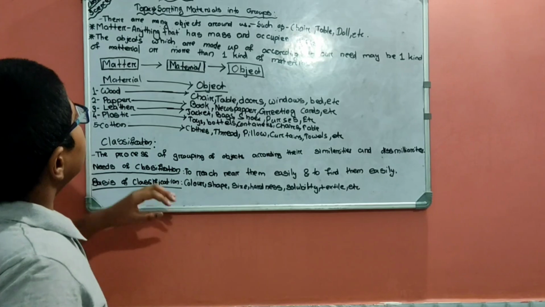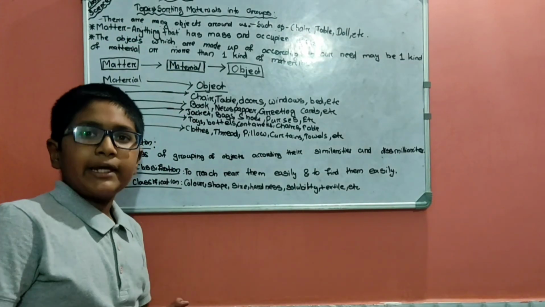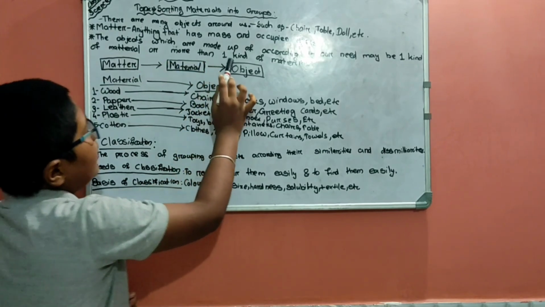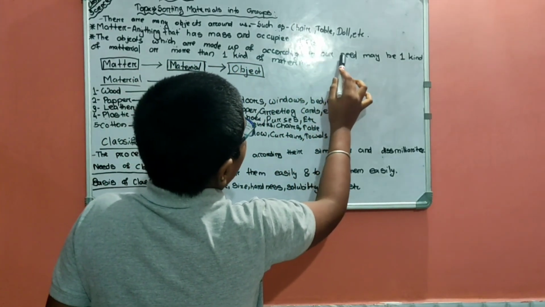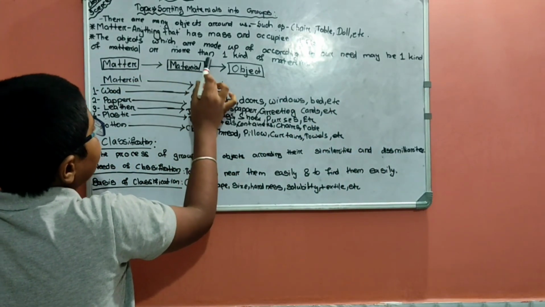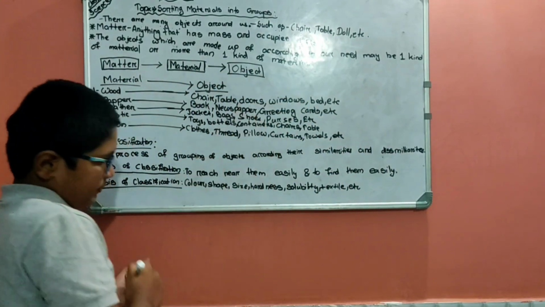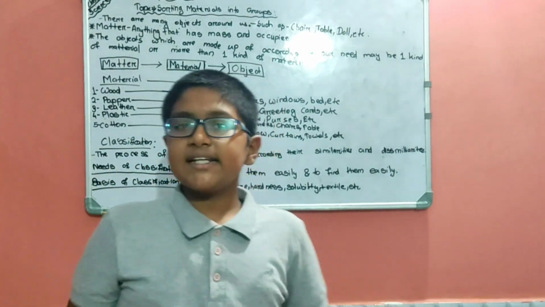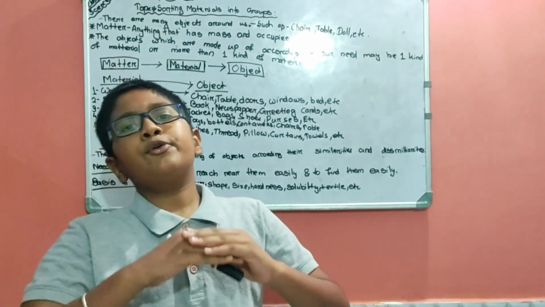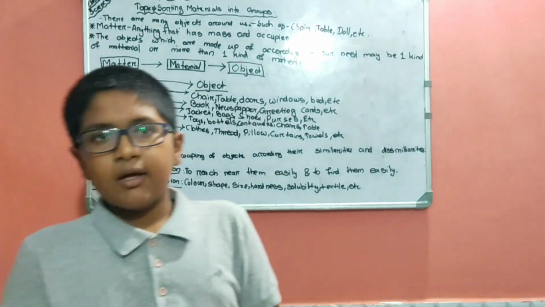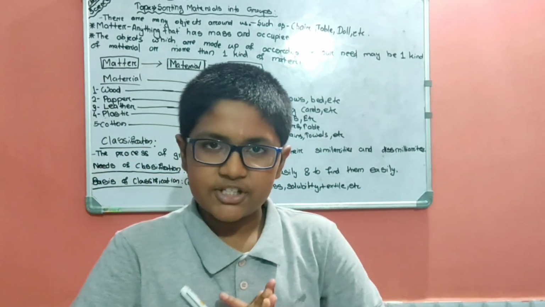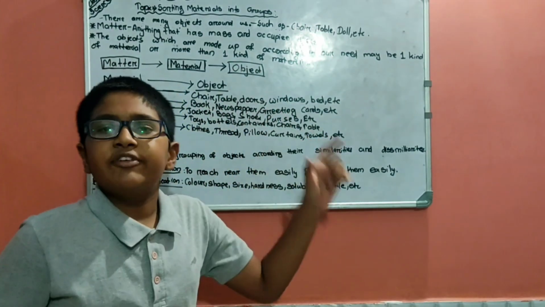Now come to our topic, objects. The objects are made according to our need, and may be made of one kind of material or more than one kind of material. It means if we need a plastic chair, we will take a plastic chair. If we need a wood chair, we will take a wood chair.